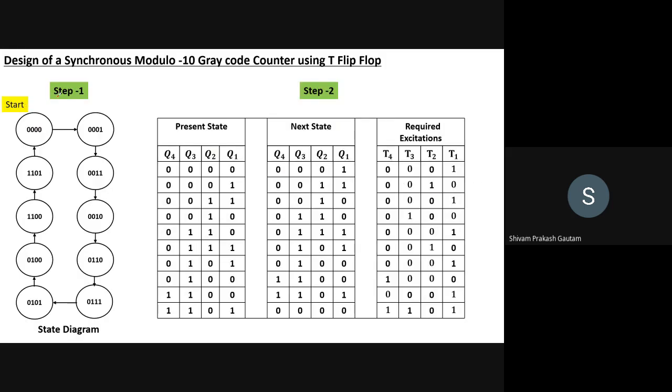So we will start. The first state is 0, 0, 0, 0. Second state is 0, 0, 0, 1. Third state is 0, 0, 1, 1. Then 0, 0, 1, 0. 0, 1, 1, 0. 0, 1, 1, 1. 0, 1, 0, 1. 0, 1, 0, 0. 1, 1, 0, 0. 1, 1, 0, 1.